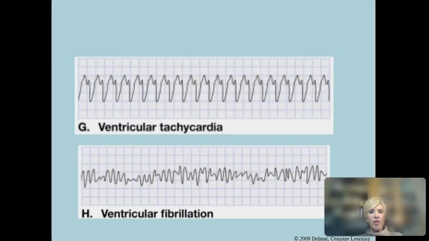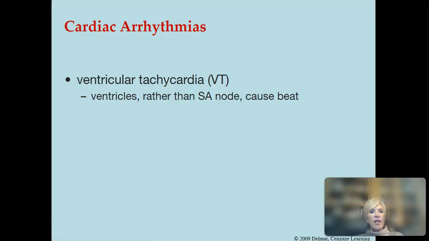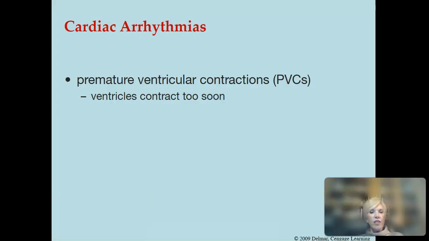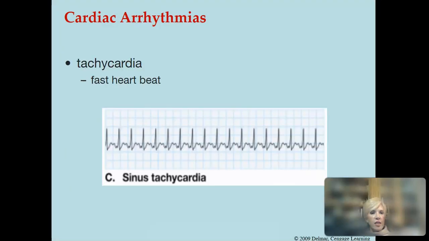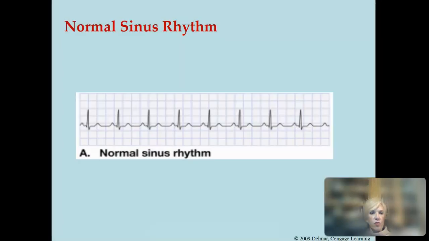But what you need to do is go back and you're going to want to trace, just lay your Chromebook down and trace each of these rhythms, okay? So starting with this one, normal sinus rhythm, and you want to label them, okay? So label them and trace them and label them.